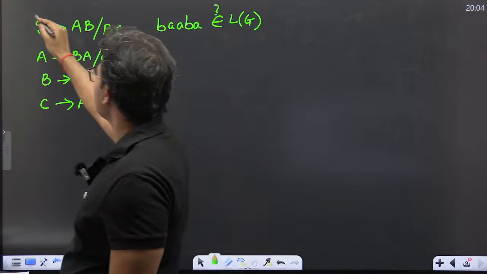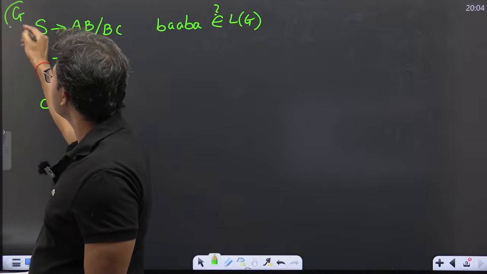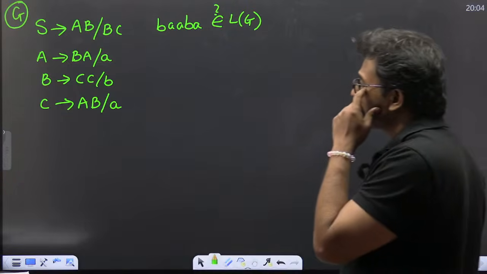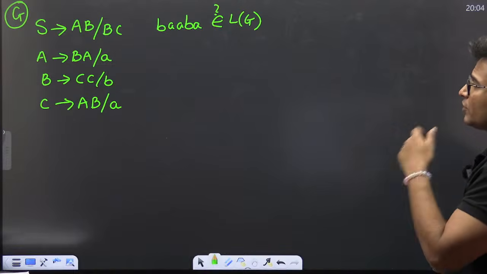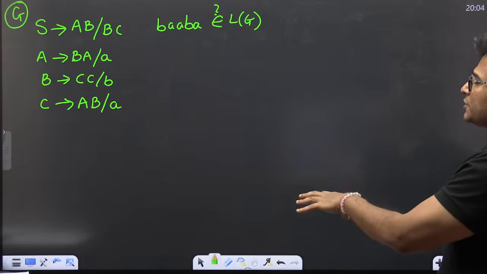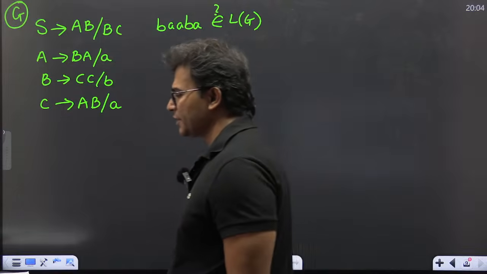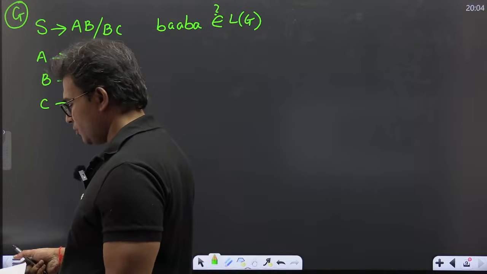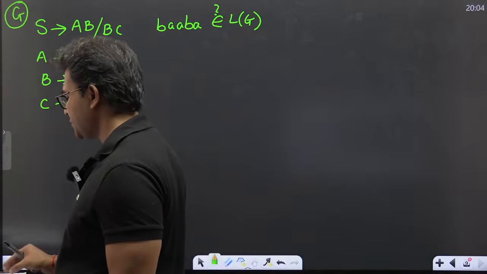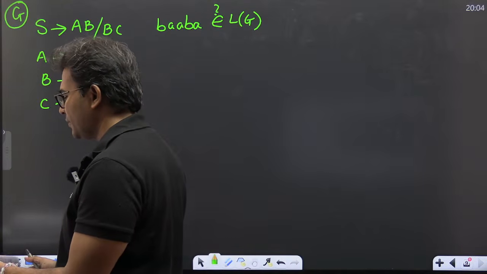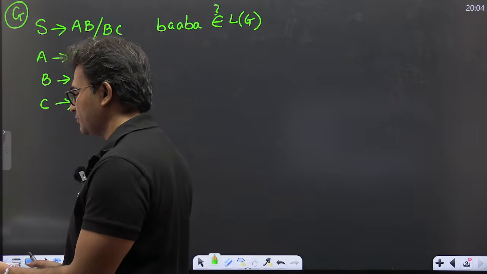This is the grammar G. Till now we have practiced 2 questions, and this is the third question. Once you practice this third one, I think you will be able to play with any questions in this area.